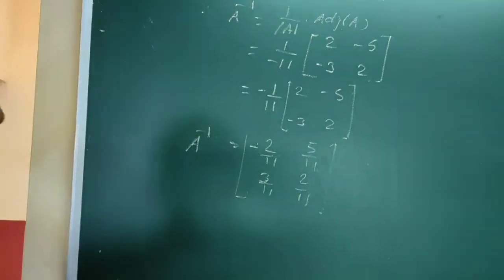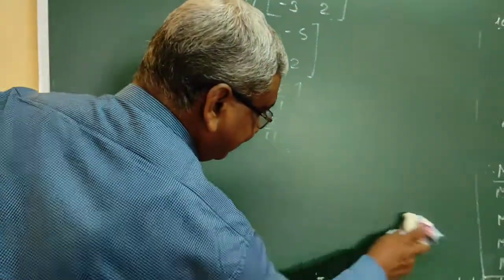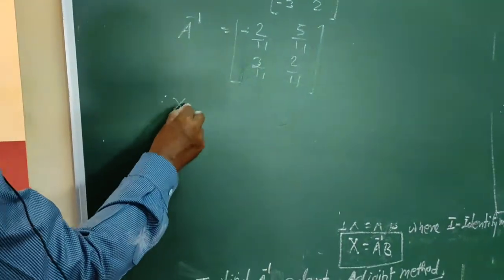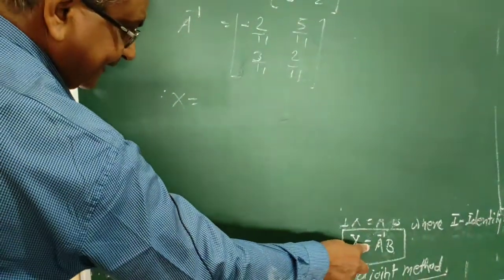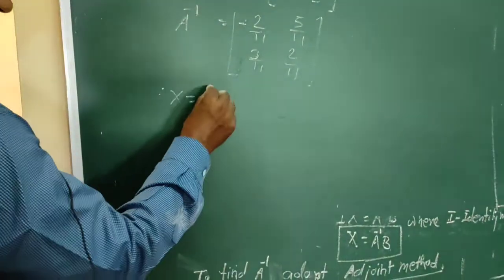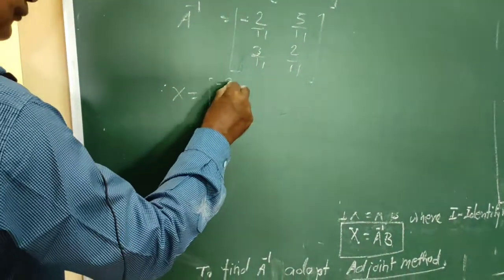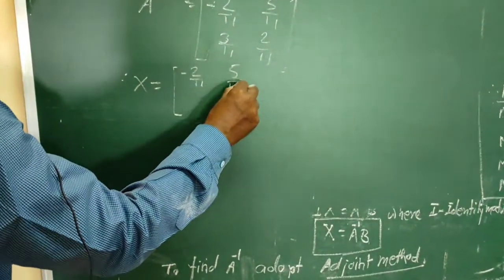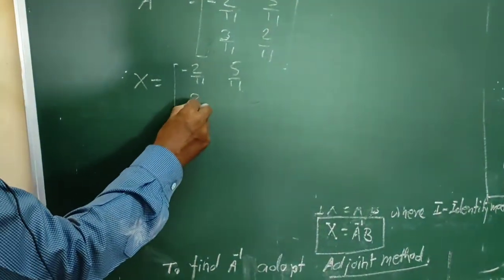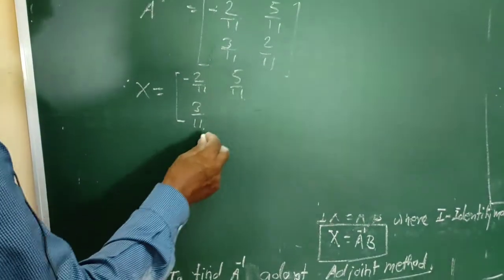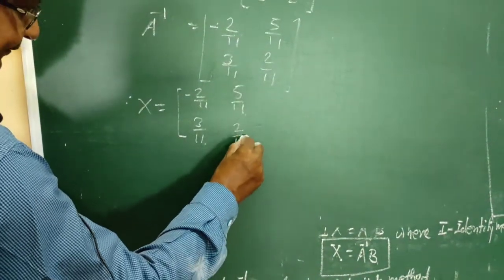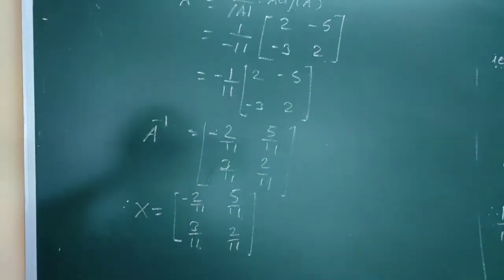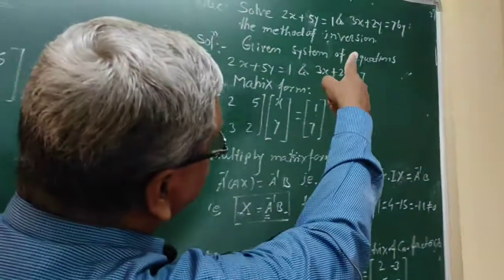But we want to solve the system by using this method. Therefore, X is equal to A inverse B. A inverse is nothing but minus 2 by 11, 5 by 11, 3 by 11 and 2 by 11, into B. B is given as 1, 7.